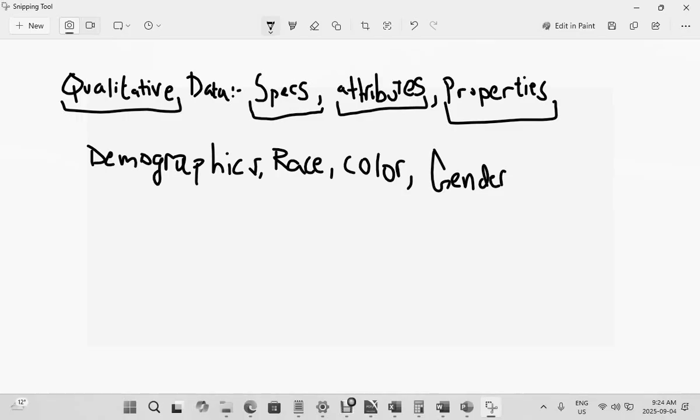Now, on the other side, you have quantitative data. As the name suggests, it has to do with quantity or numbers. Now this could cover things such as statistics in general, because statistics does consider numbers.